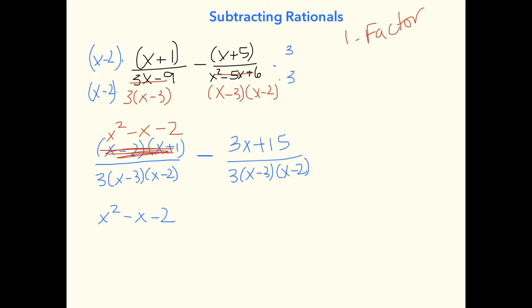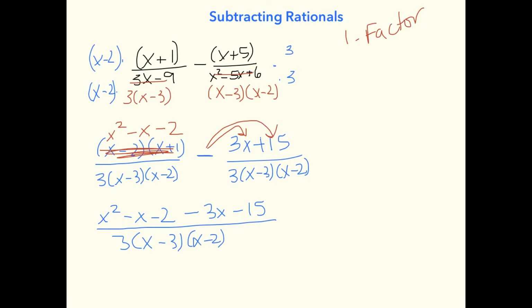So we FOILed that. Now, when we subtract, we have x squared minus x minus 2. We're just subtracting the numerator across. But we've got to be careful with this negative sign because we're doing minus 3x minus 15. You're distributing that negative sign as you subtract. So this becomes minus 3x minus 15. Be very, very careful about this. Don't just put minus 3x plus 15, because that'll mess it all up. And this is all over our new common denominator.